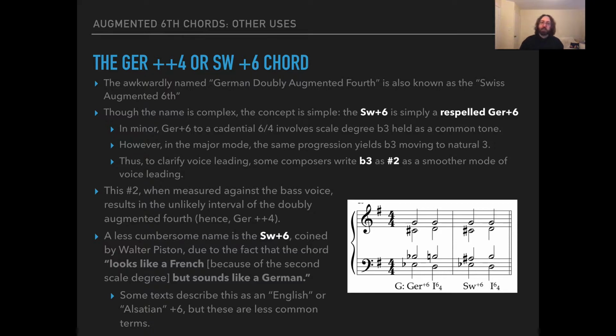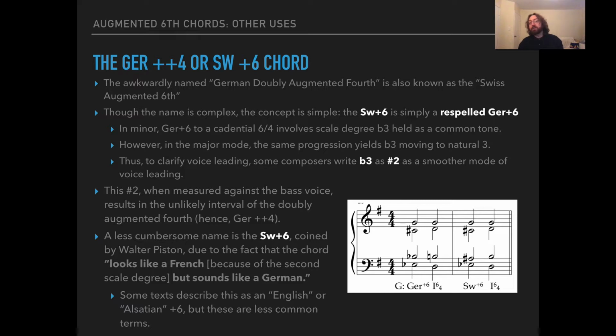So let's take a look in G major here. In G major, we have German augmented sixth, which would be flat 6, scale degree 1, scale degree flat 3, and scale degree sharp 4. So there's our German augmented sixth in the first bar there, and it's moving to a I 6/4 like we expect German augmented sixths to do.